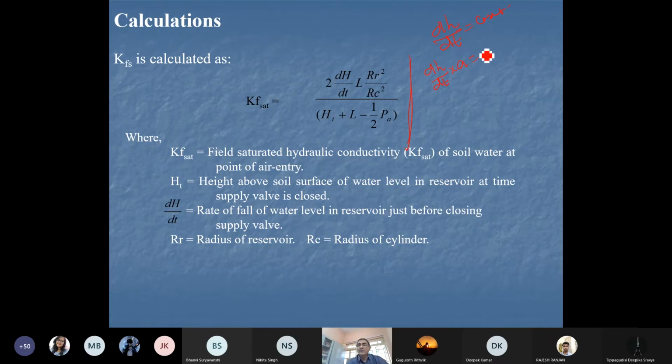So the area of the reservoir is simply ds by dt into pi r_reservoir squared. That is simply equal to the discharge that we are assuming is going to the bottom of the water front. That is K into delta H by L into A, that is the area of the flow.